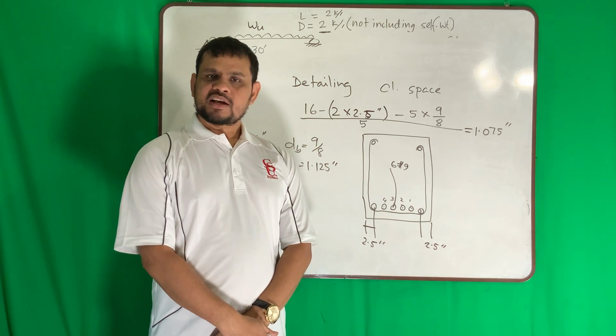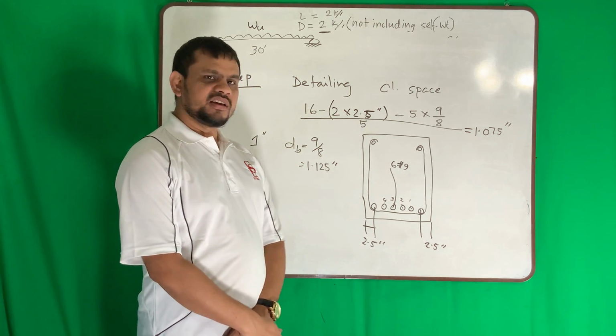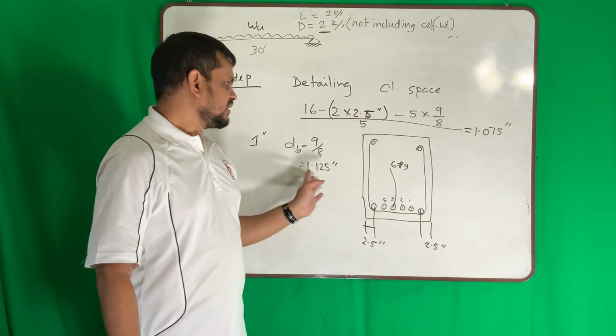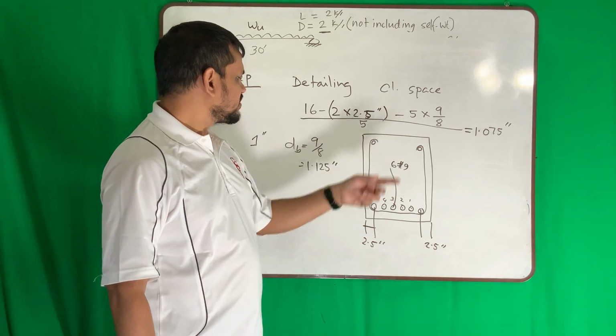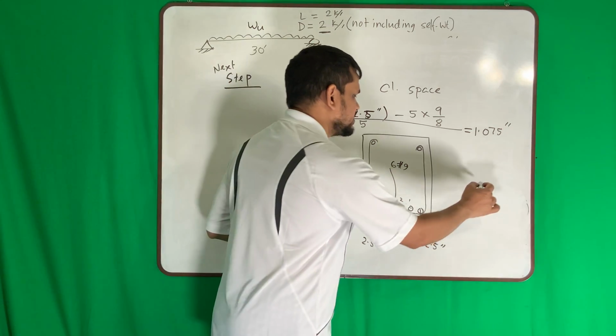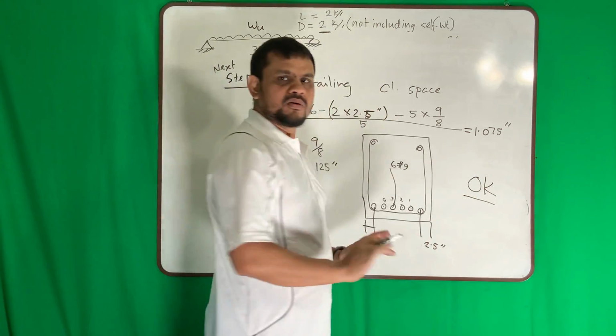What to do? Actually, it is not okay. But again, it is not that a problem. Yes, very close, very close. So if you say this design is okay, no problem.